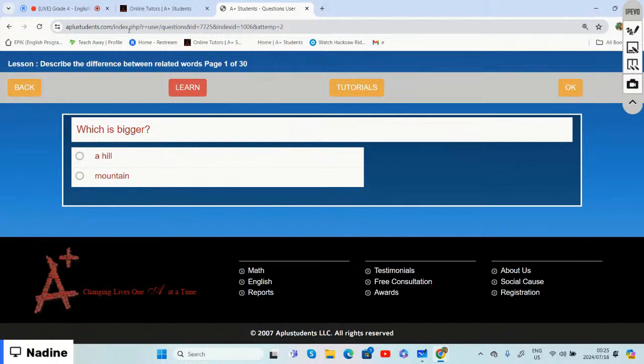So, which one is bigger? Is it a hill that is bigger or a mountain? Which word is bigger?